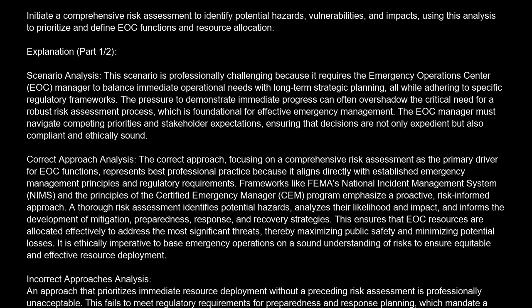This ensures that EOC resources are allocated effectively to address the most significant threats, thereby maximizing public safety and minimizing potential losses. It is ethically imperative to base emergency operations on a sound understanding of risks to ensure equitable and effective resource deployment. Incorrect approaches analysis.